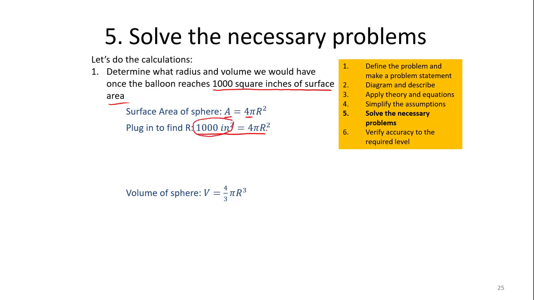And so in this case, we determine our radius r is just 1,000 divided by 4 pi. And so in this case, our final radius will be approximately 8.922 inches. We'll worry about significant figures and rounding at the end of the question.